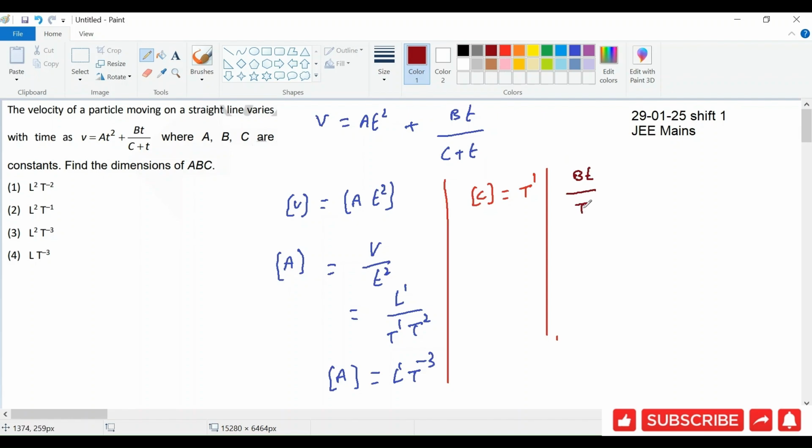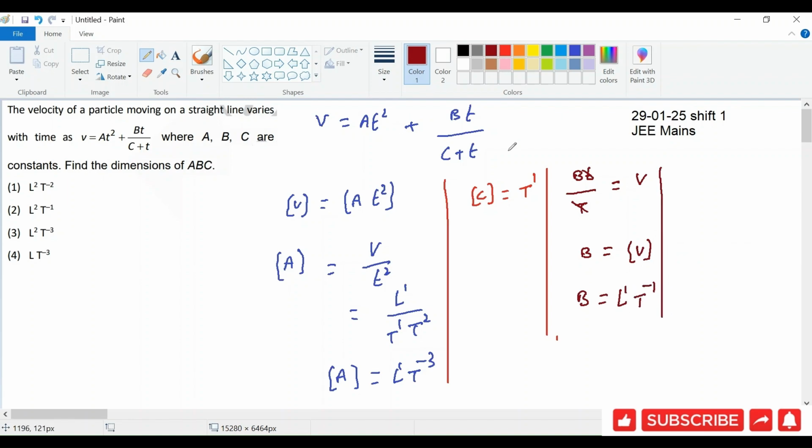So the T's are dimensionally cut, and the dimensional formula of B is equal to the dimensional formula of velocity, which is L power 1 T power minus 1.